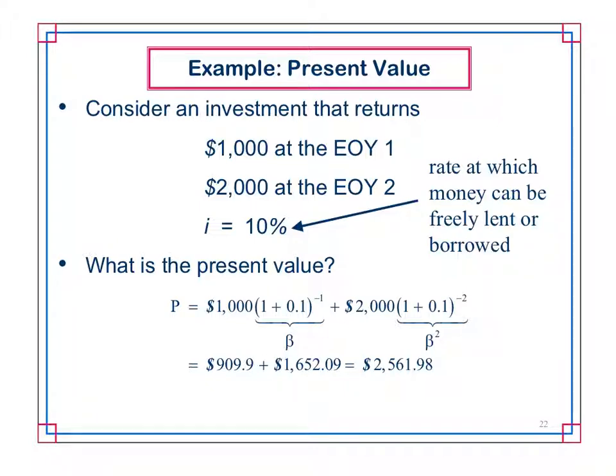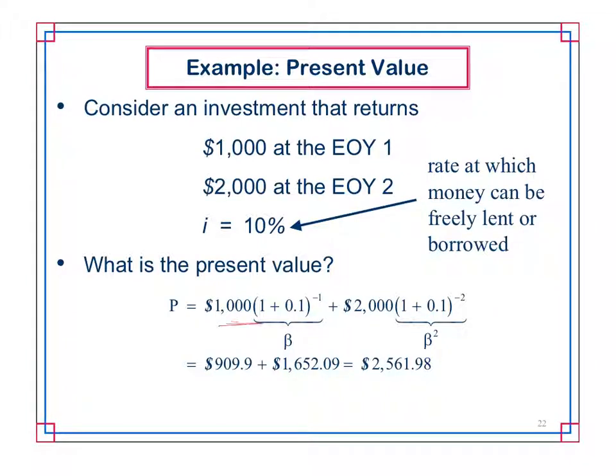So if you bring everything to a present value for your year 1 and then your year 2, again, I'm multiplying by my beta because I'm bringing those terms back. Those are my annuities. If you want to get an interest rate of 10%, you shouldn't exceed $2,562. If you pay more than $2,562, then you are not getting a 10% rate of return.